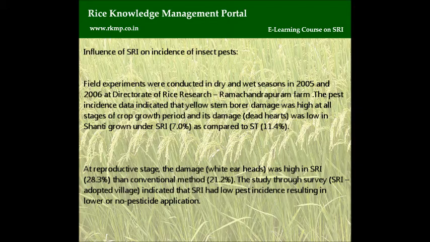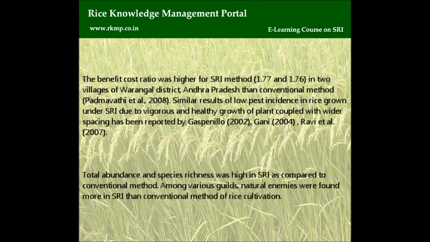The study through survey in SRI adopted villages indicated that SRI had low pest incidence, resulting in lower or no pesticide application. The benefit-cost ratio was higher for SRI method, 1.77 and 1.76, in two villages of Warangal district, Andhra Pradesh, than conventional method.